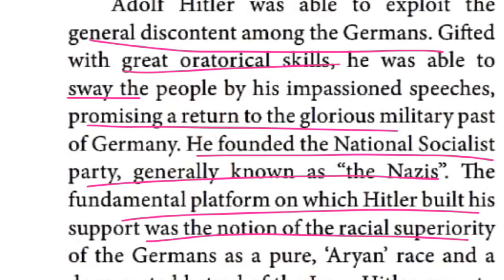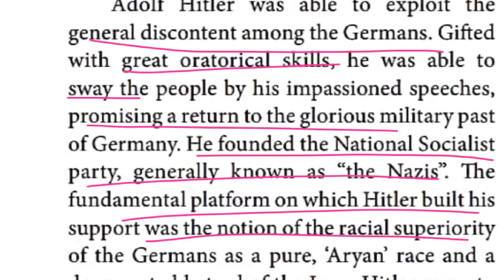The German race was the topmost race, a pure race, considered the Aryan race, along with a deep-seated hatred of the Jews. Hitler hated the Jews, while he prized the German race as the pure Aryan race.